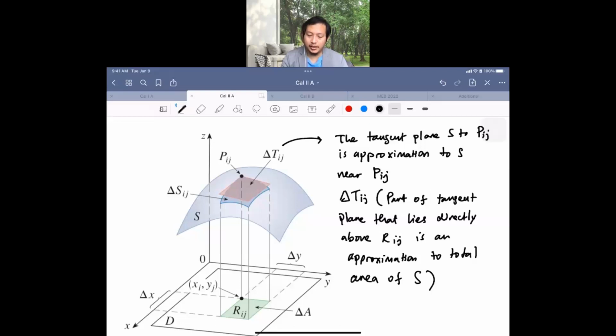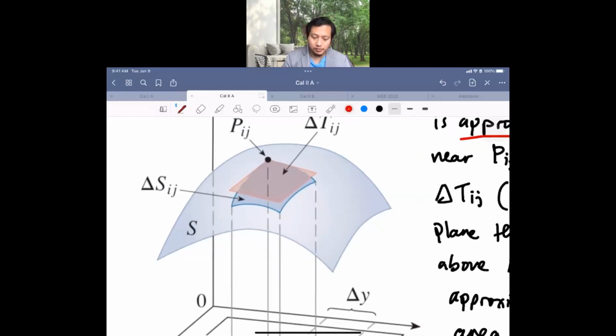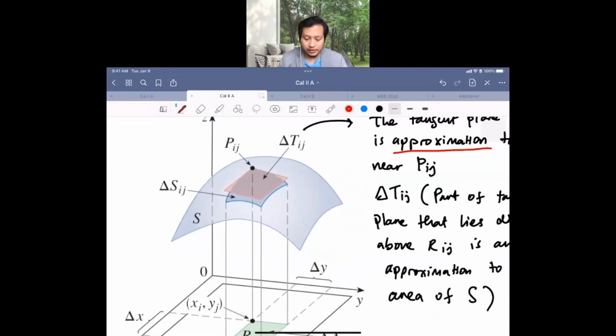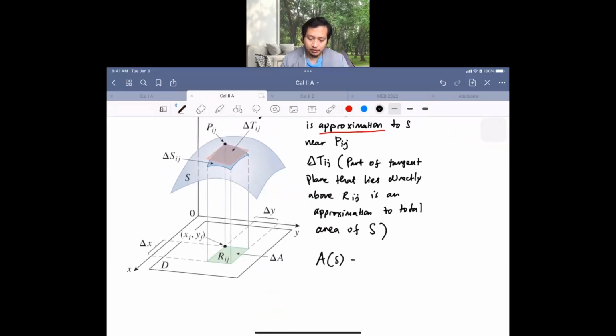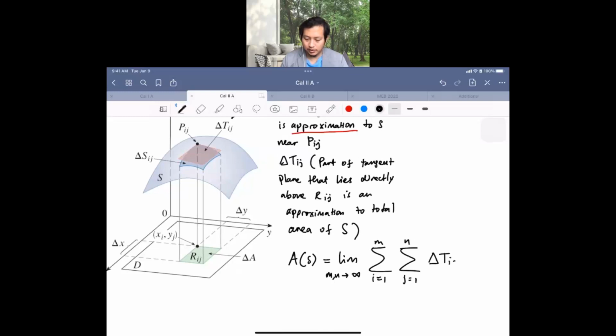So again, this is an approximation, which means that it has a small gap between the tangent plane and the area. Because it is an approximation, we are going to compute the Riemann sum of the area, which is the delta Tij.